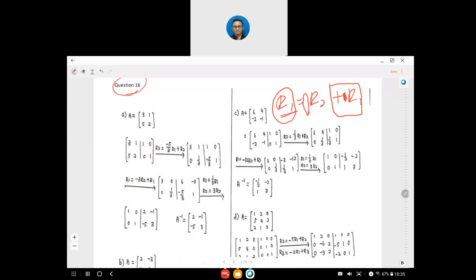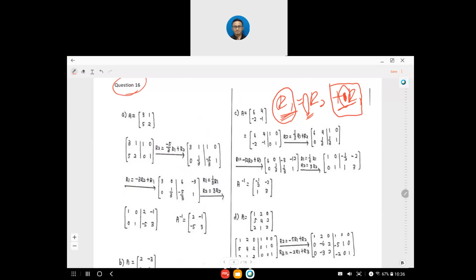Yang you kena ubah value kat sini, sama ada you want to put negative or positive. It depends on your function lah. Okay? Boleh faham? Make sure faham tu ya. For the row you want to change, make sure the value is just positive 1. Cannot be negative, cannot have other value except 1 here.